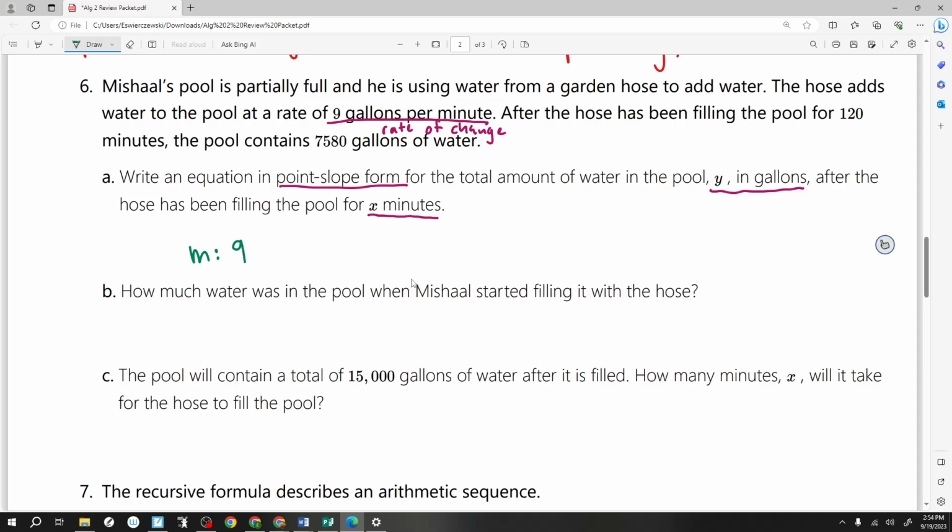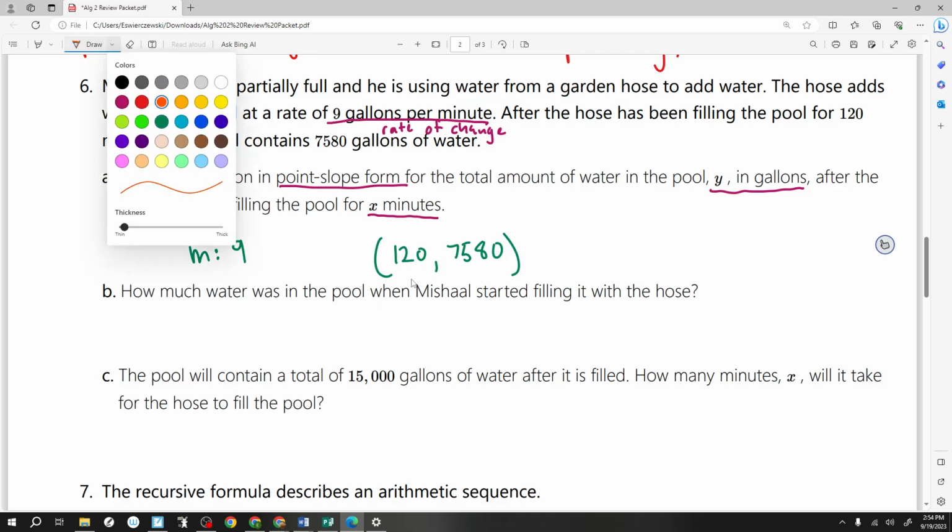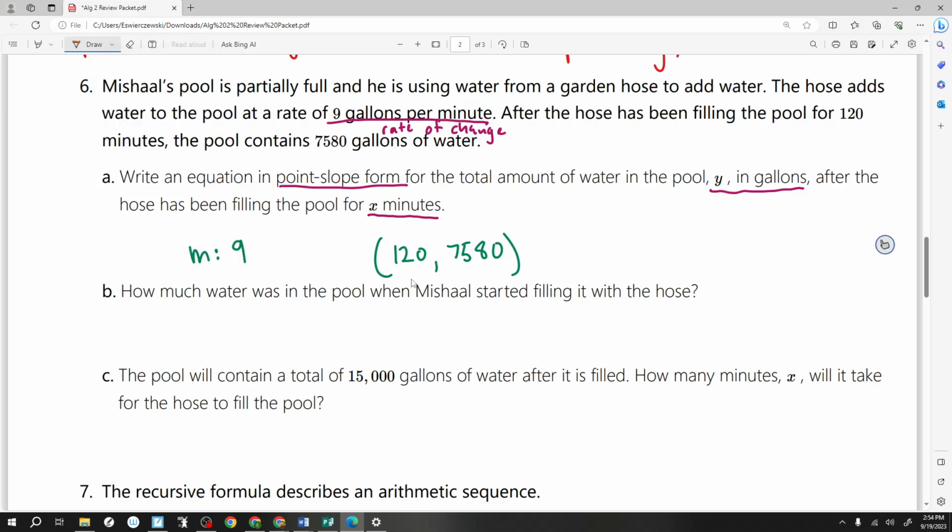It's just a little weird. We have an X value. 120 minutes. And how many gallons were in the pool after 120 minutes? 7,580. That's basically a point. It's just not given to us as a point. Well, we know what to do now, don't we?